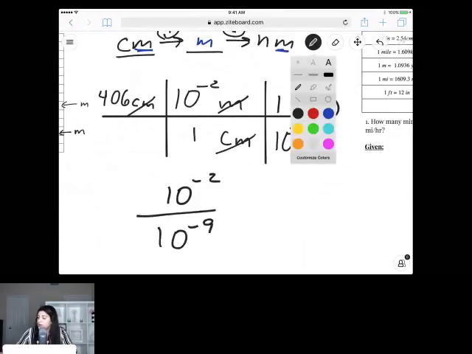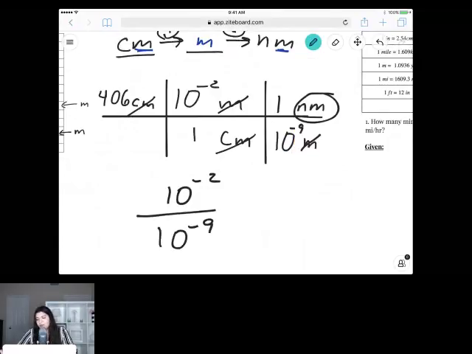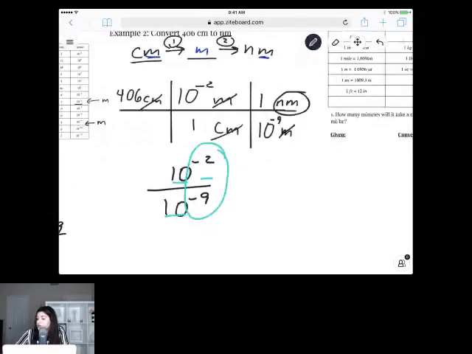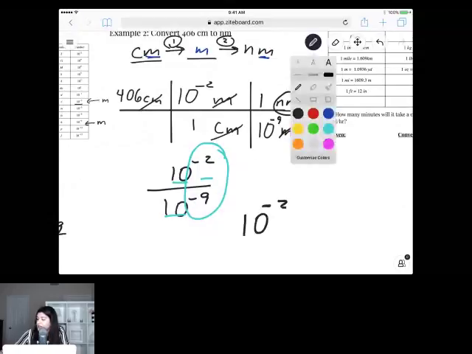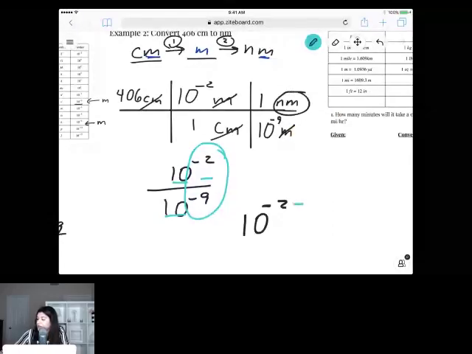It's a little metric. So looking at this, what you can do is use properties of exponents, just meaning that whenever we have the same bases, so 10 and 10, we can actually subtract our exponents. So this would have been 10 to the negative second minus a negative 9.